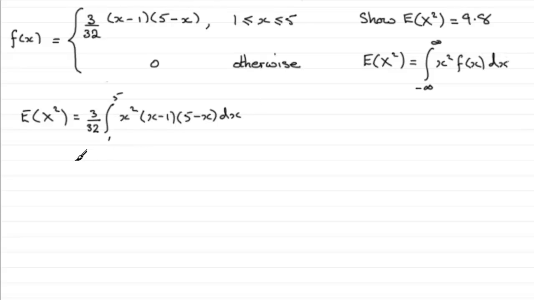Next I would want to expand some brackets, so we'll just copy that 3/32 in, and the integral going from 1 to 5. So I'll leave the x² there and we'll start to expand these brackets.